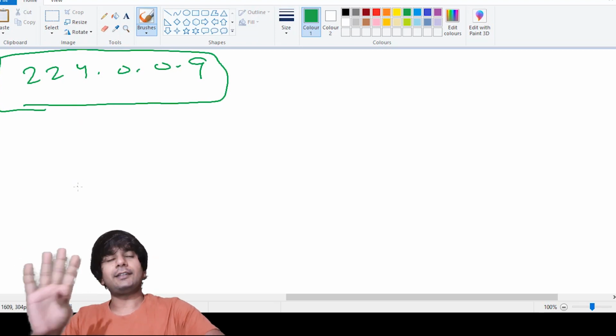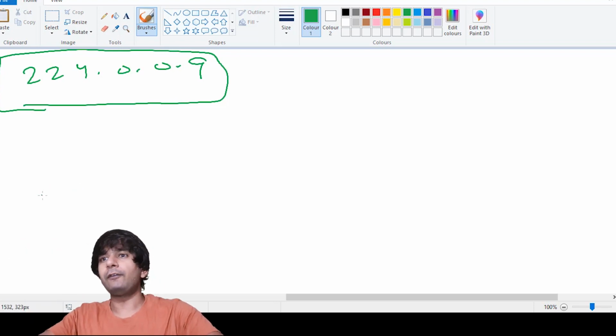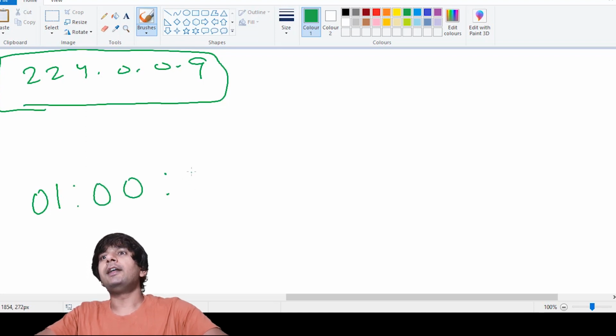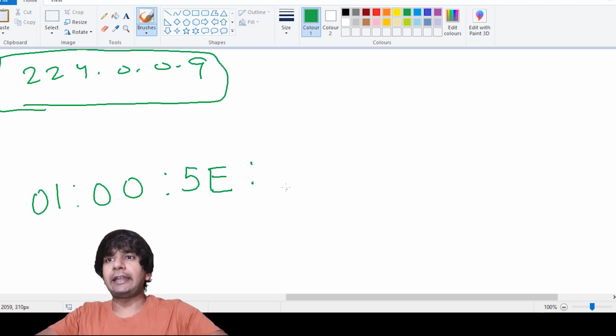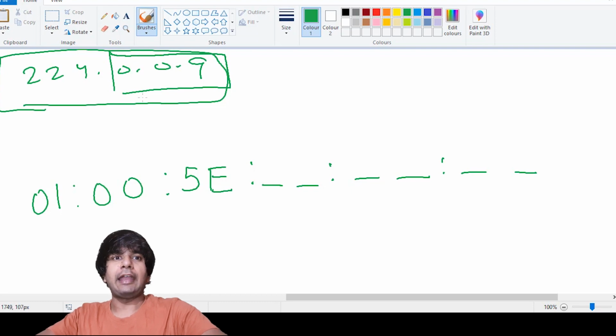So the first 6 hexadecimal digits will remain the same every time if it is a multicast MAC address: 01:00:5E. Now you need to calculate the remaining digits using the bits of the second, third and fourth octets.